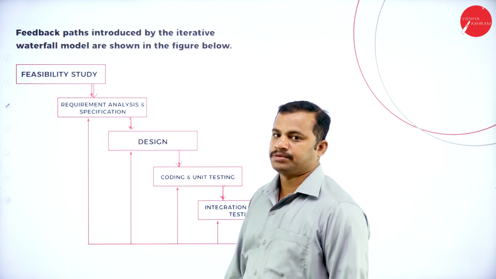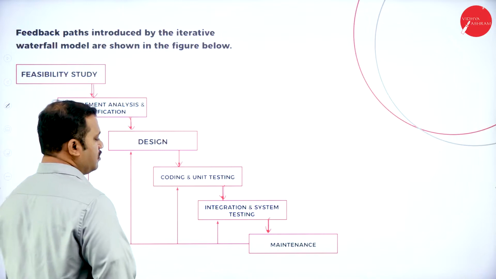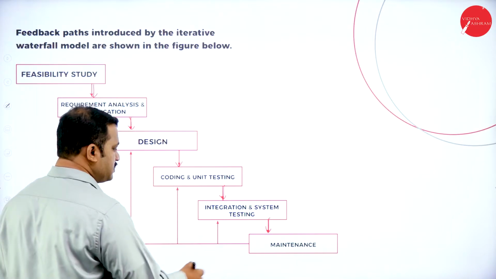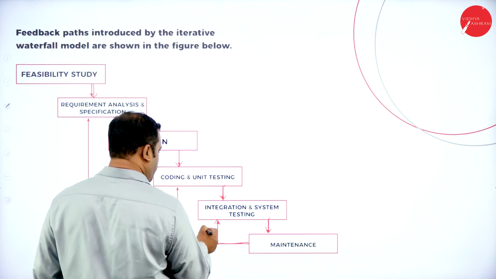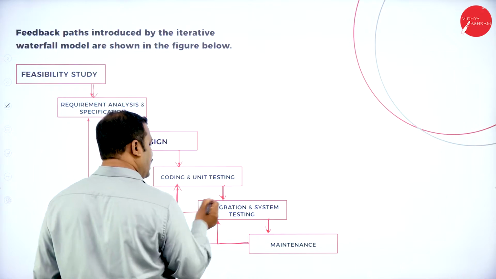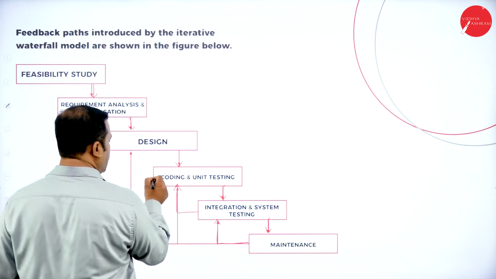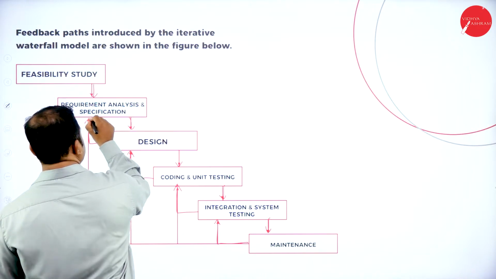Not at all possible. But in this case, you have a chance of moving back to the preceding stage: from maintenance to integration and testing, from integration and testing to coding and unit testing, from coding and unit testing to the design phase, and from the design phase to this.